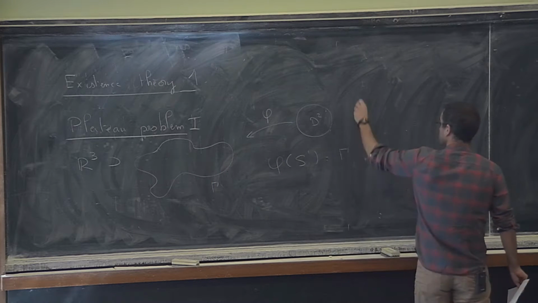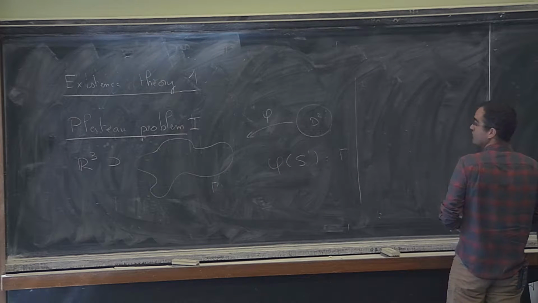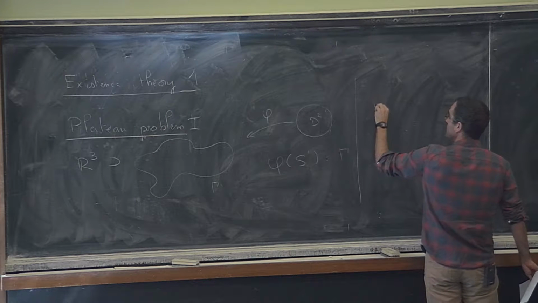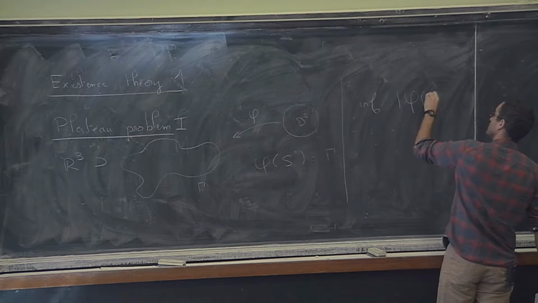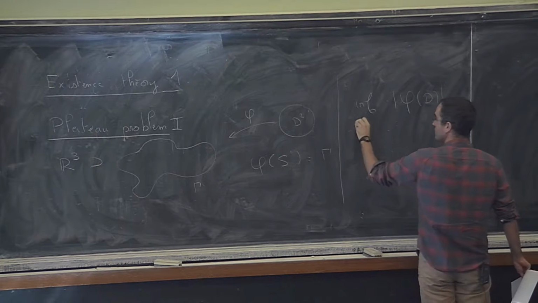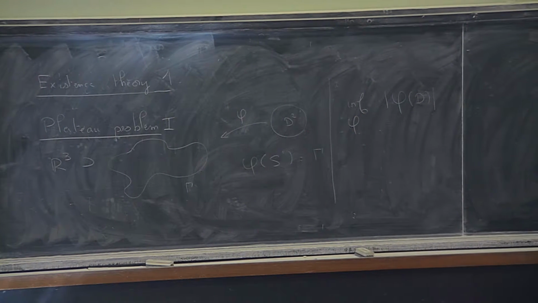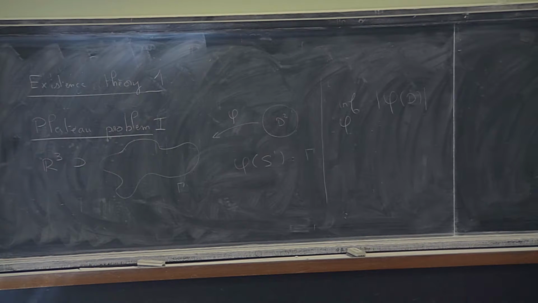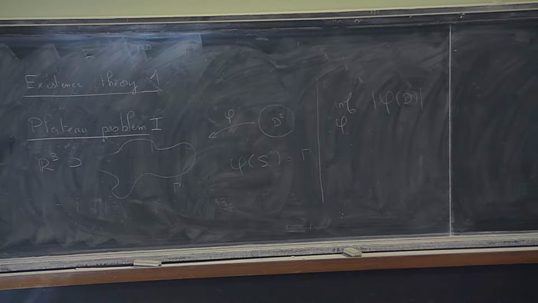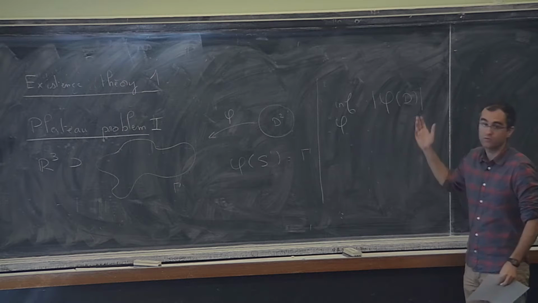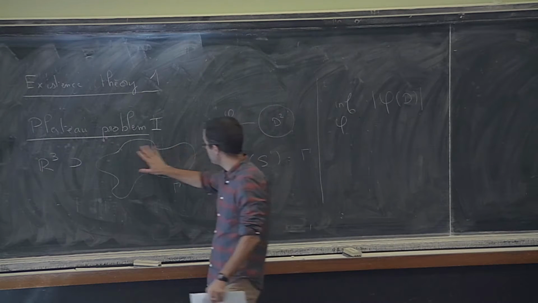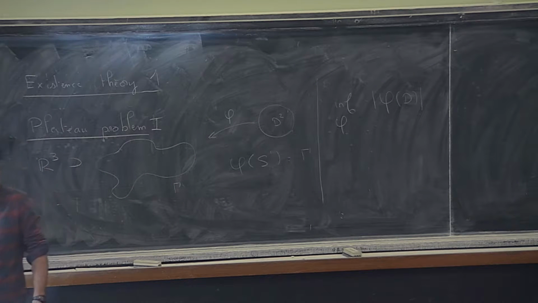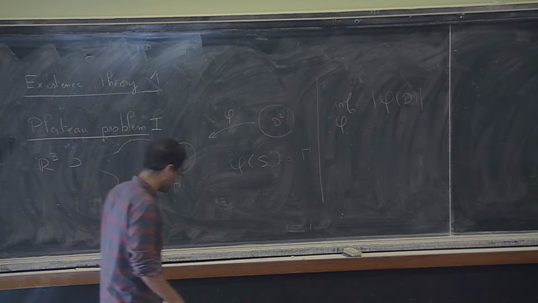And the idea is, okay, let's look at the following problem. The infimum of the area of the image of the disk by phi among all phi in the class. And try to prove that there exists a phi that gives you a minimum for this problem. And if you have one, then it's a minimum for the problem, so it's a critical point, and the surface you get, this disk, is a minimal surface.